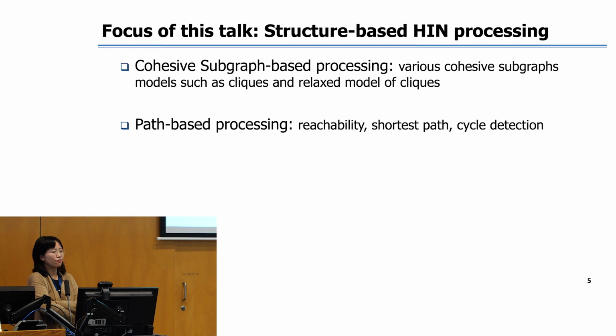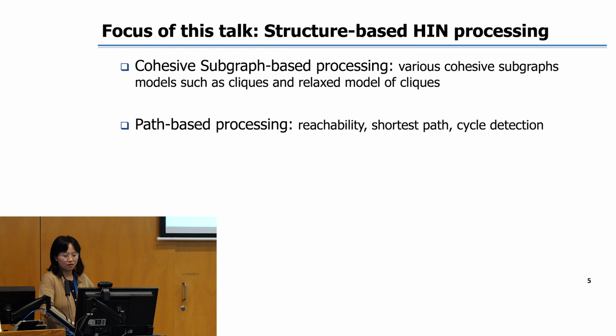These subgraph-based analytics are crucial for building and optimizing graph databases and graph computing platforms, and they support a wide range of real applications. These have been very well studied over conventional data.